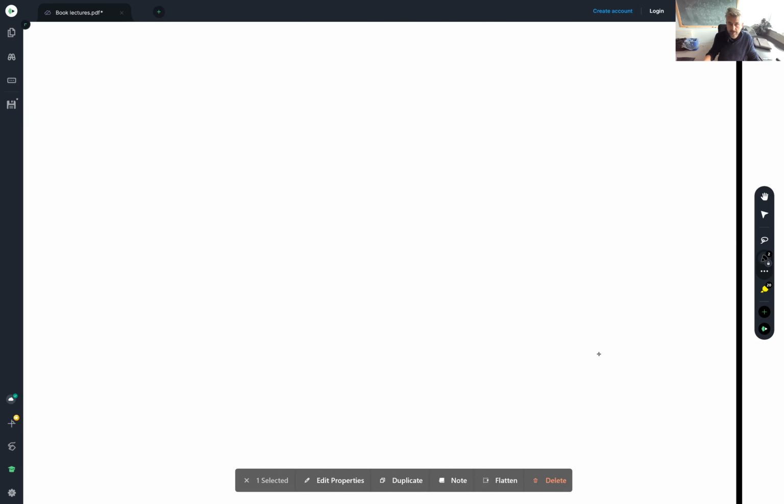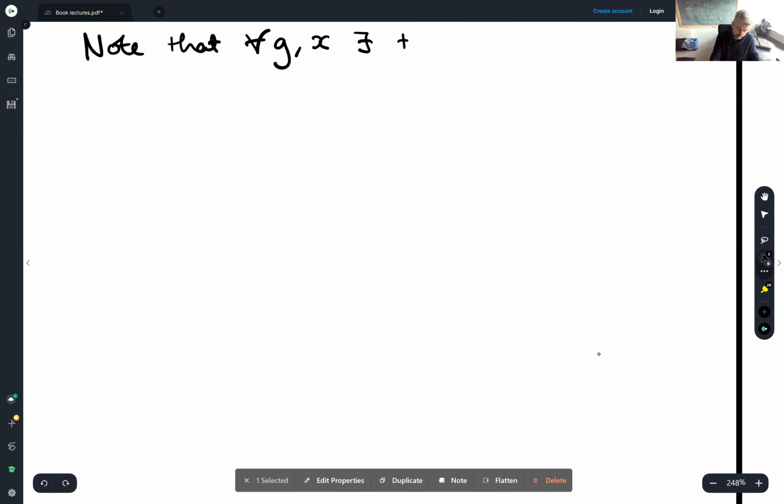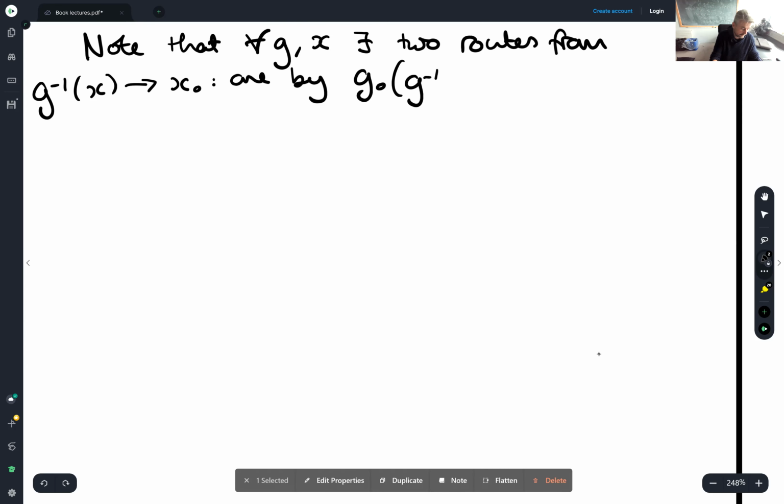So for any group element and any point on the group manifold, for all g and x, there exist two routes from g to the minus 1 of x to x0. One is by g0 of g to the minus 1 of x, and the other is g followed by g0 of x.